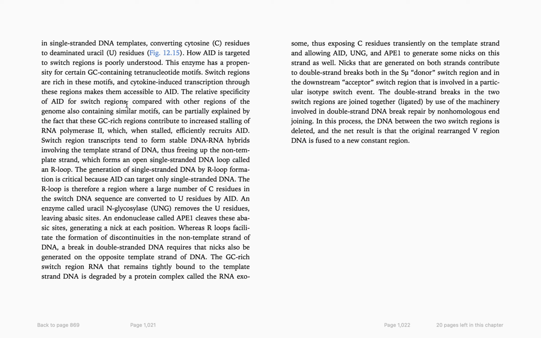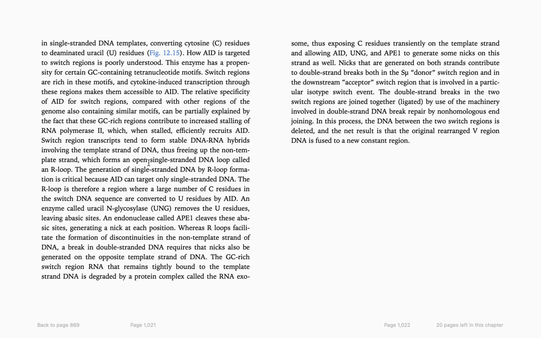The relative specificity of AID for switch regions, compared with other regions of the genome also containing similar motifs, can be partially explained by the fact that these G-rich regions contribute to increased stalling of RNA polymerase II, which when stalled efficiently recruits AID.